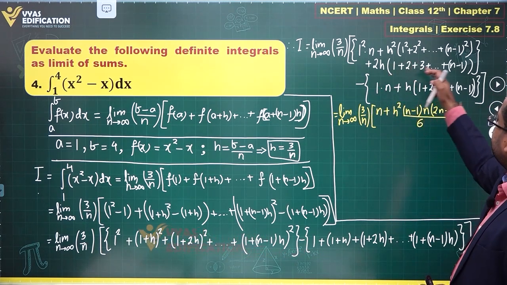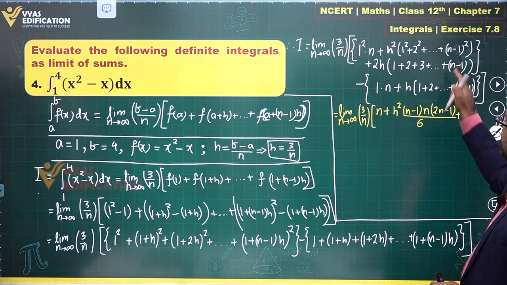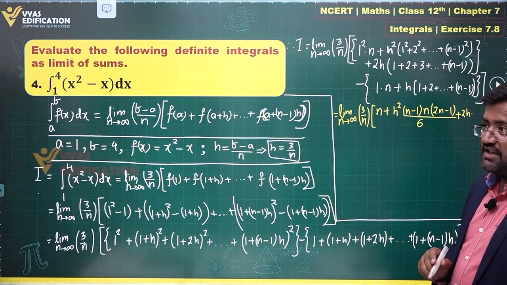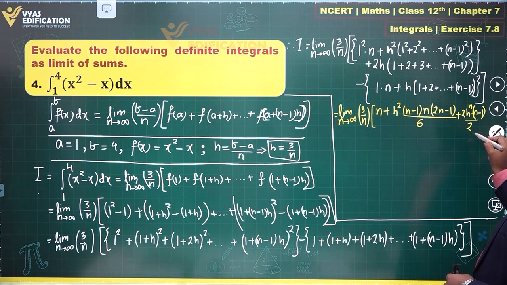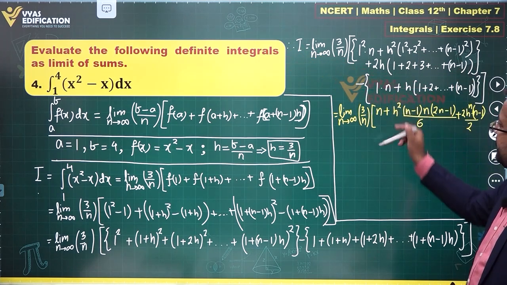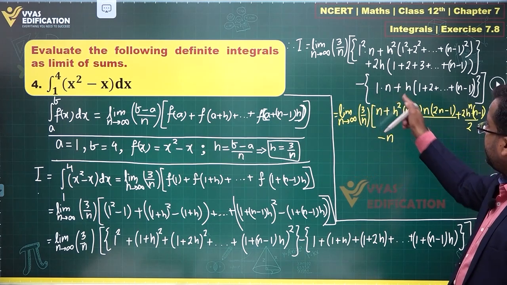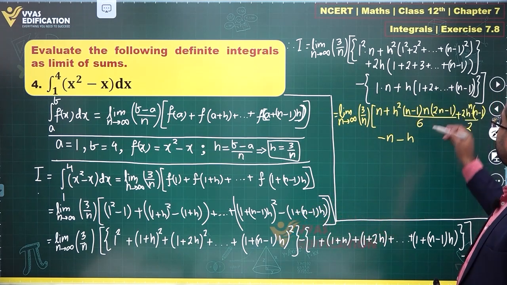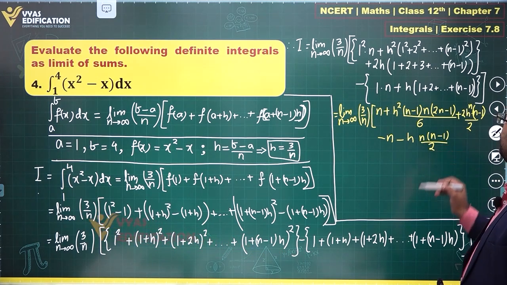Then you have 2h times this whole expression, plus 2h times the sum up till n minus 1 terms, which is n minus 1 times n upon 2, and this is this particular term simplified. There's a minus after that, so minus n is what I'll get, and this minus will go over here, minus h times this whole expression, which is n times n minus 1 upon 2.